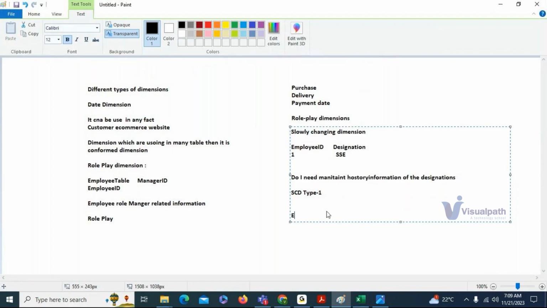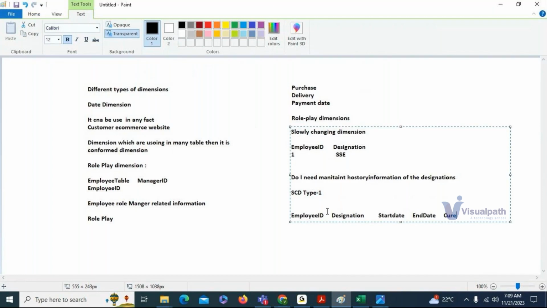If you want to maintain history, with employee ID, what all things does it need to maintain the history? Let's say start date, end date. You can also maintain a current flag.